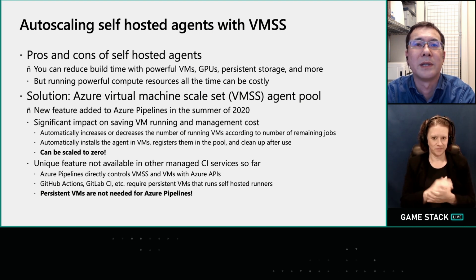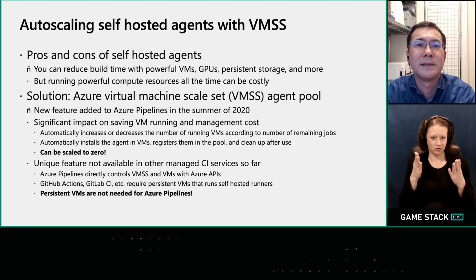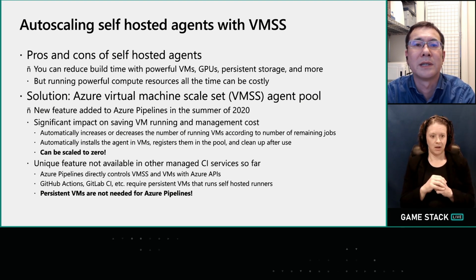Most importantly, virtual machines can be scaled to zero, which is a significant benefit in saving cost. I think this is a unique feature not available in other managed CI services so far. Azure Pipelines directly controls VMSS with Azure API, so it requires no persistent virtual machine, while other solutions need at least one host running agent to work.